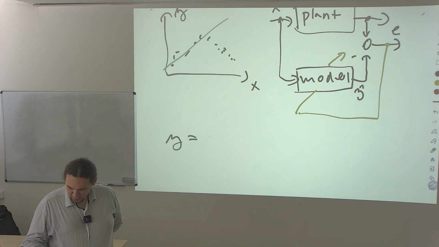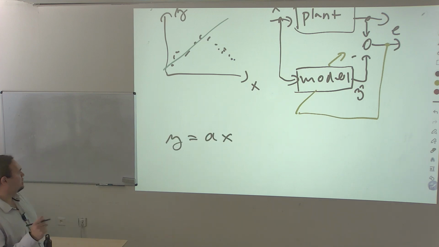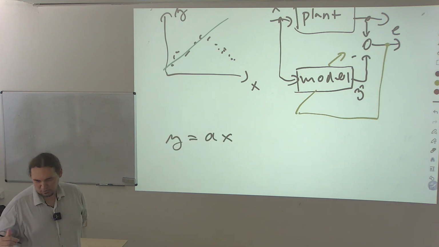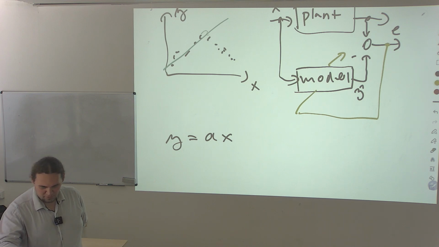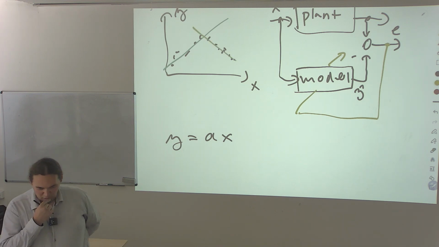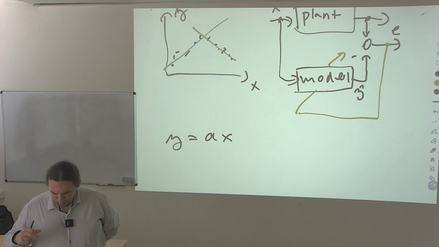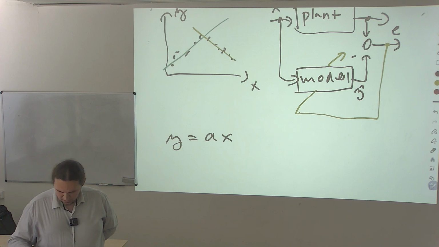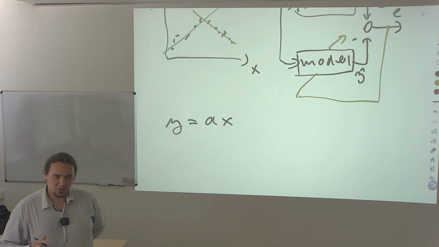So let's think about the model just in this form, because we somehow intuitively feel that we should at some point try to change the slope. And let's think about the situation.